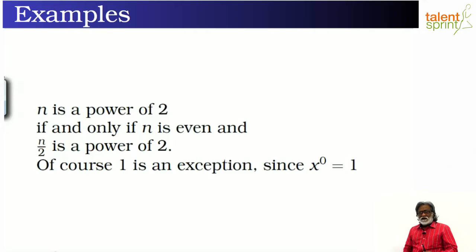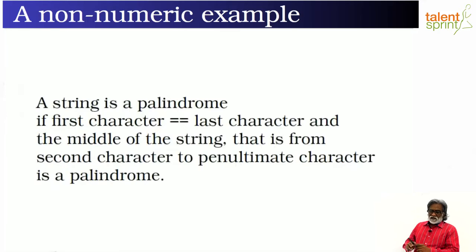Now let us see the next. The next example is a non-numeric example. What is this, sir? You are taking always power of 2 and some number and all that. Yeah. So we will take a string. We are saying a string is a palindrome.